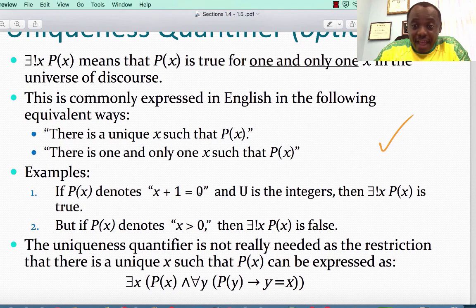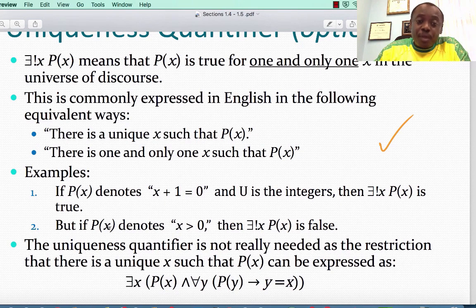There's only one, and its name is -1. Remember the whole talk about additive inverse. There is only one value that can take the number 1 down to 0, and that value is -1. So there exists a unique x such that x plus 1 equals 0 is true, and the unique x is -1.